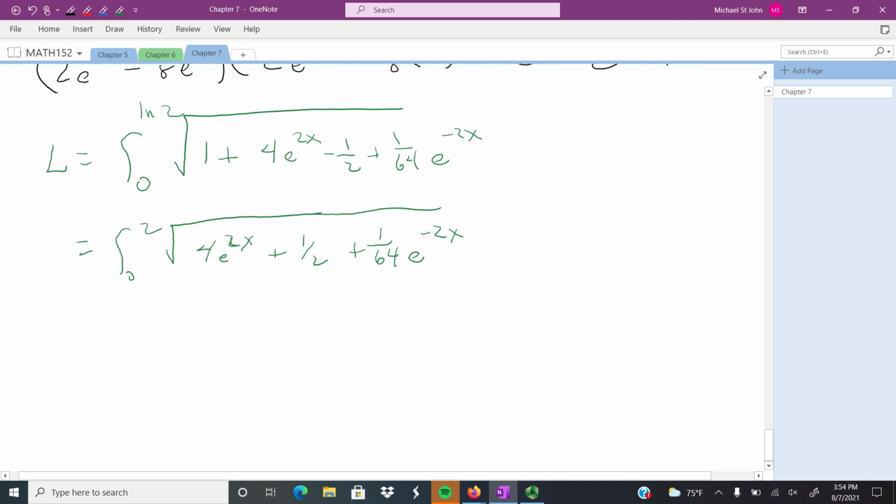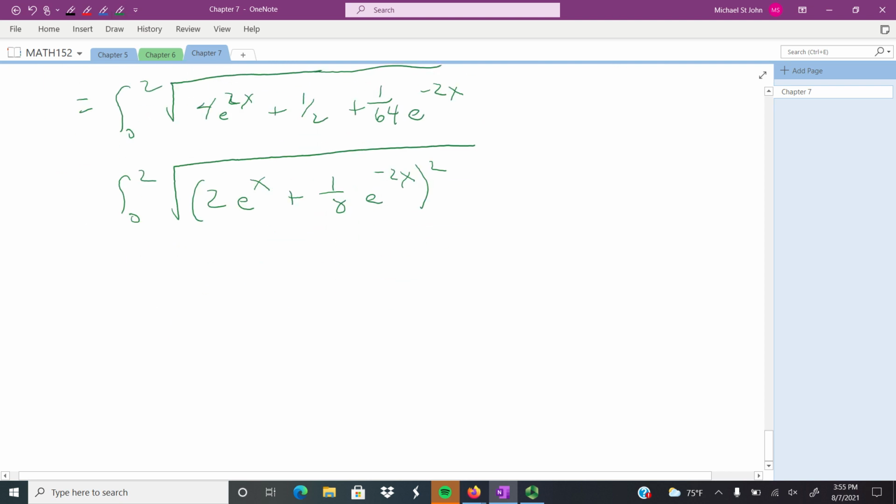Now it ends up that the thing underneath my radical can be factored. It is factorable. And when we factor this, we'll end up with 2 e to the x plus 1/8 e to the minus x, this thing squared. Square root of that. And of course, if you have a number squared and you take the square root of that, you're just left with what is inside.